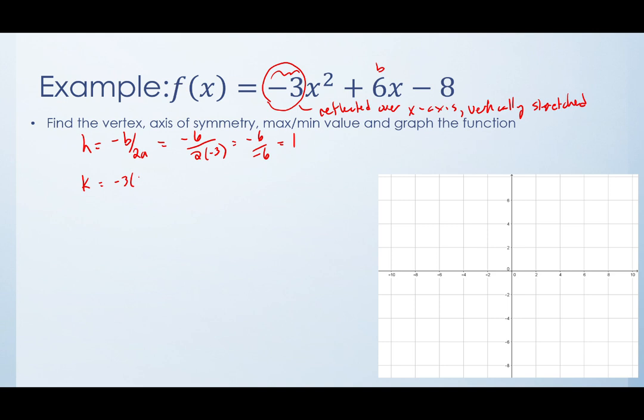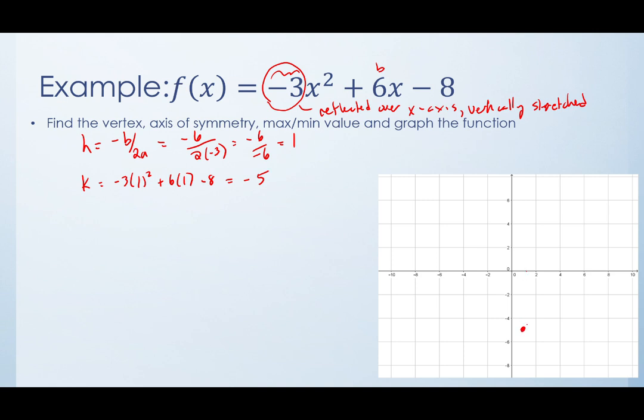So we get negative 3 times 1 squared plus 6 times 1 minus 8. Negative 3 plus 6 is 3, minus 8 is minus 5. There we go. So there's 1, negative 5.